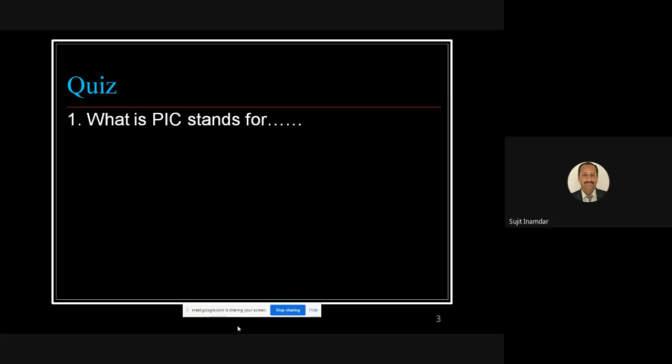So anyone ready to give the answer? As usual, the girls have started to give the answer, but it was expected from the boys' side. You go on Google, search, and then give the answer, so that is not at all expected. At least what we are going to learn, the whole second section is the PIC only.